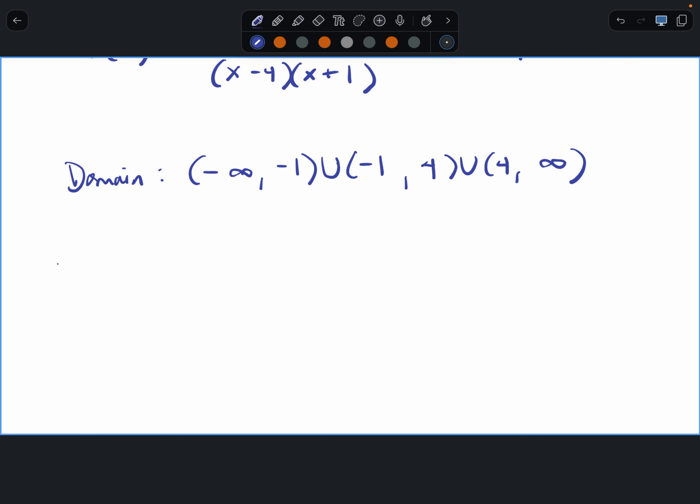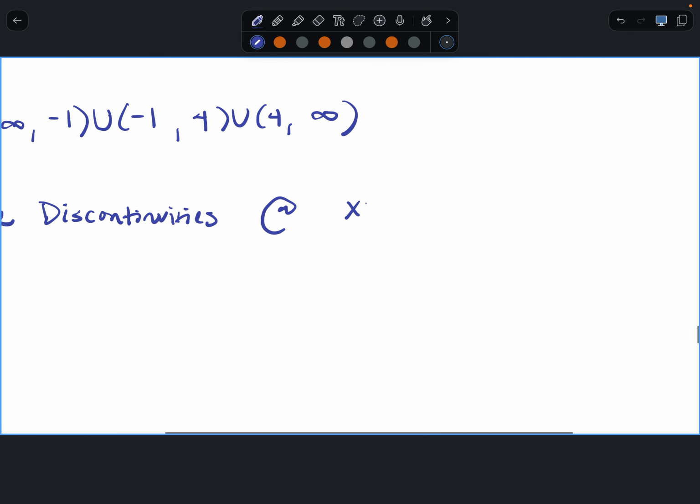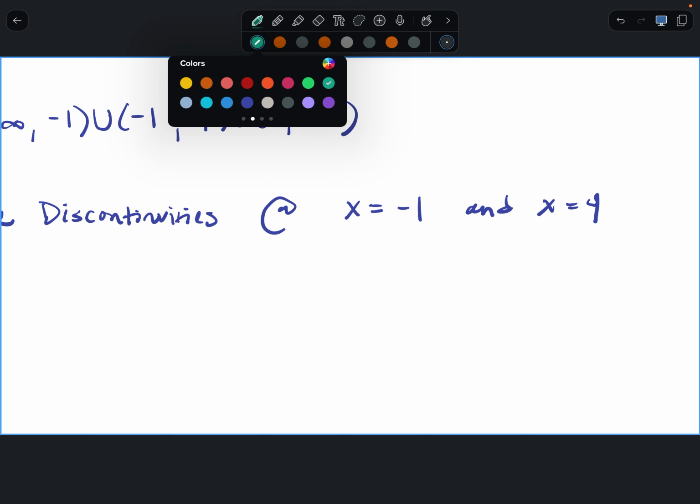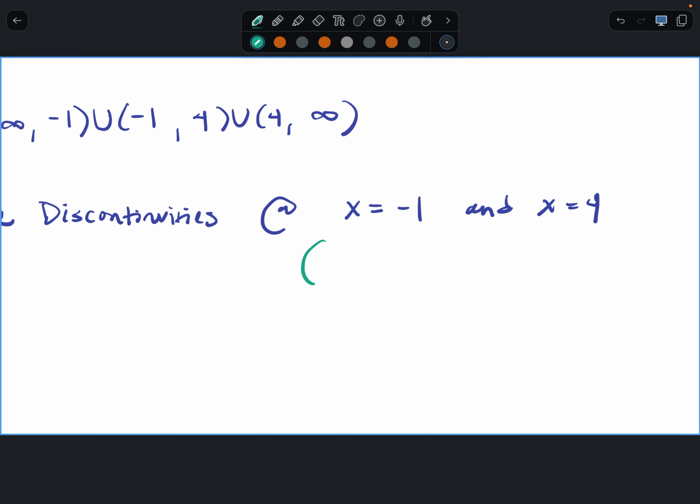So we can classify and say there's a non-removable discontinuity, or actually there are 2 of them, at x equals negative 1 and x equals 4. That's because both of these discontinuities correspond to vertical asymptotes. We just write VA.